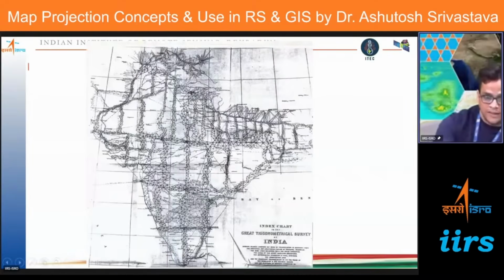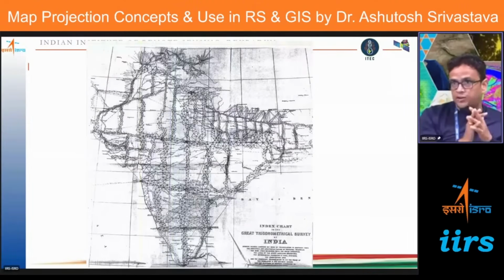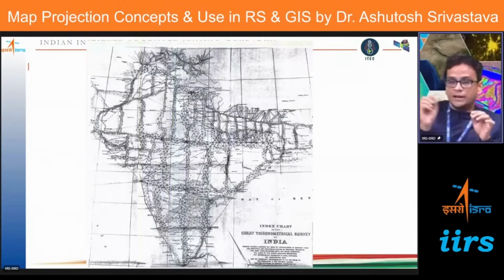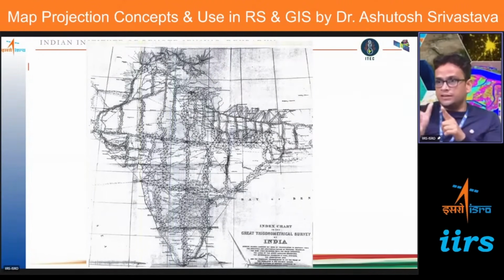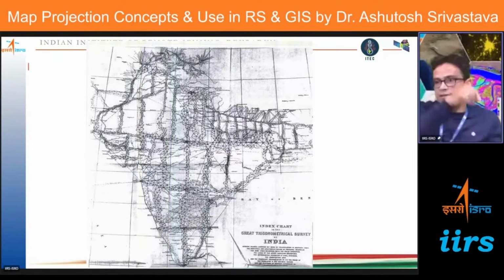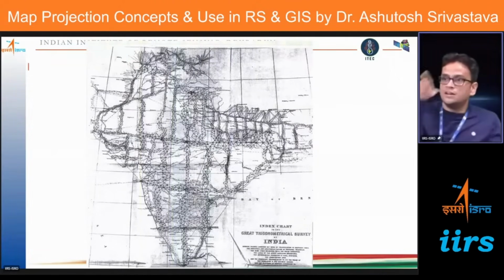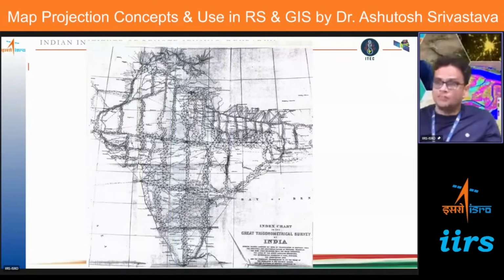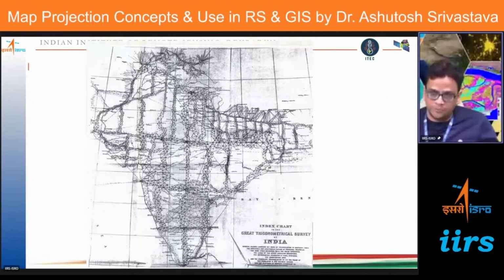So you can say that the Everest ellipsoid, whatever was developed, is also a geocentric kind of thing, because there is just an 800-meter semi-major axis difference with today's one. So we can understand that though it is a best fit ellipsoid and local information was used, it is still closely matching today's geocentric ellipsoid.